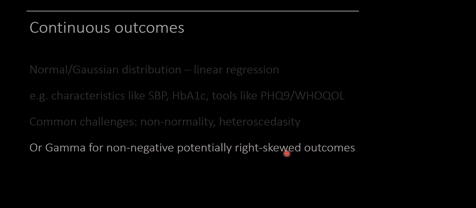I've not really used it myself often, but I think for costs it's quite useful, because any financial cost data, like the cost of services, is going to be non-negative, and often right skewed. So that's one worth bearing in mind.